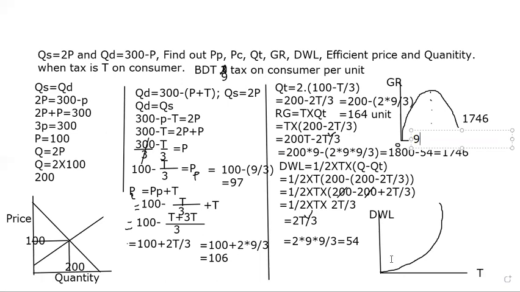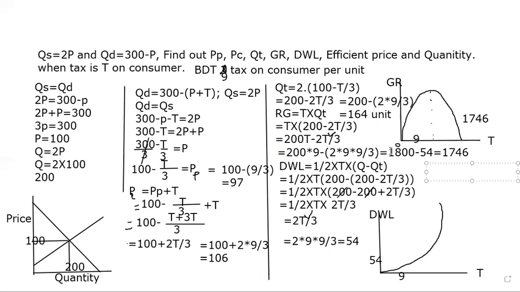And deadweight loss is 54 here, 54 to taka 9 tax imposition. Taxes is taka 9. Now if government increase tax from taka 9 to taka 12, for example.